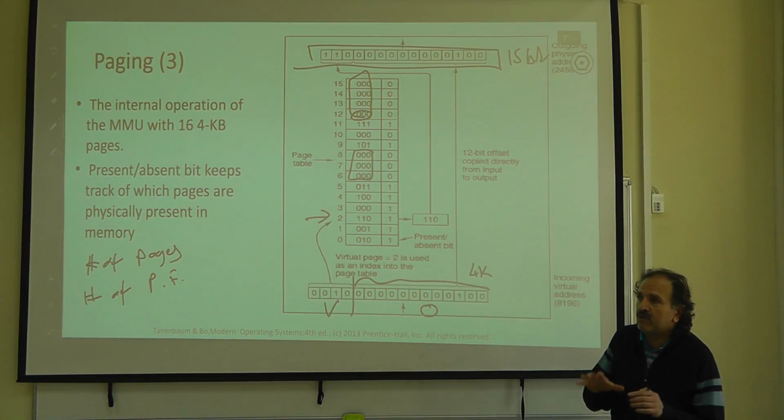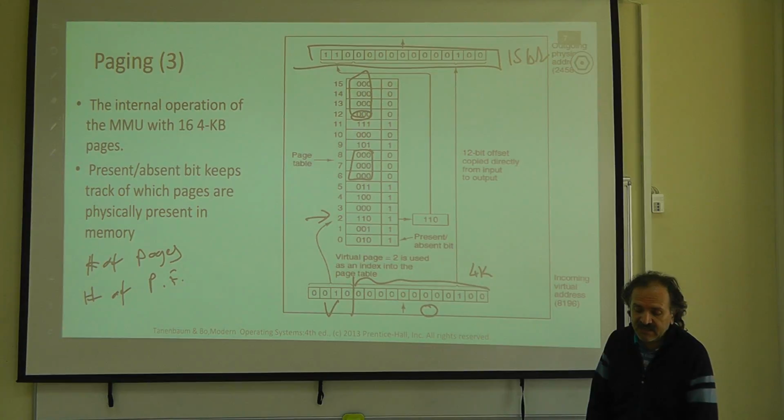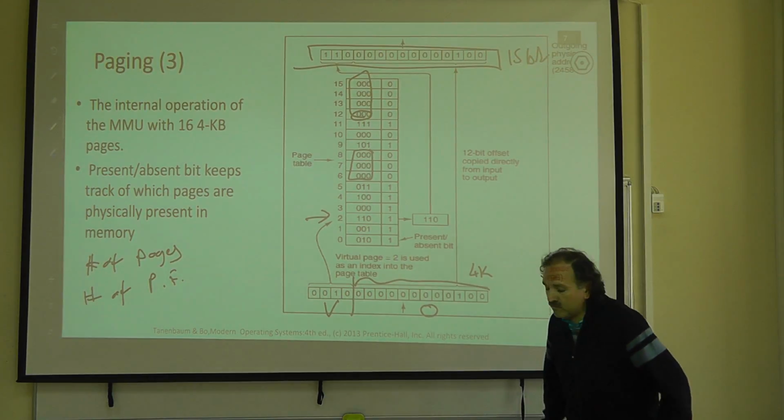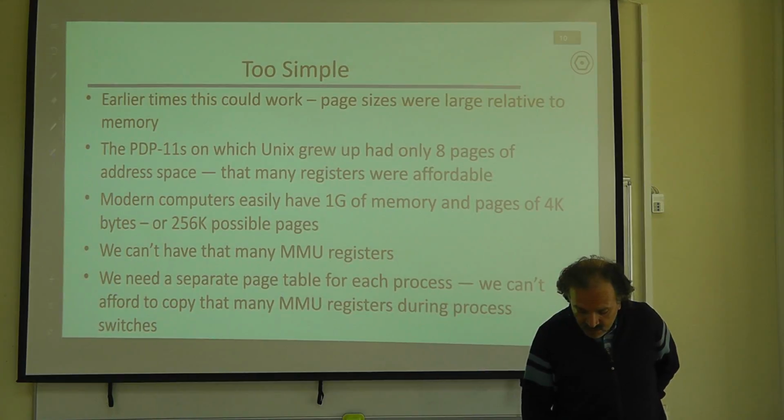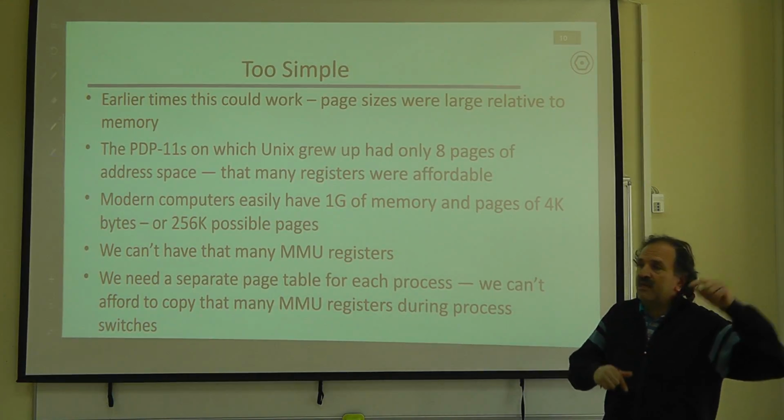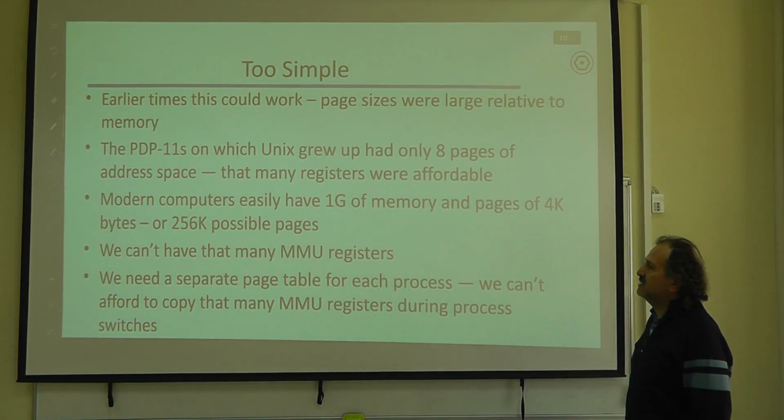But if you want to put a 256,000 entry table inside the MMU, then your MMU will be very, very expensive. That's why this solution doesn't work. I mean, a simple table that you are looking up doesn't work.